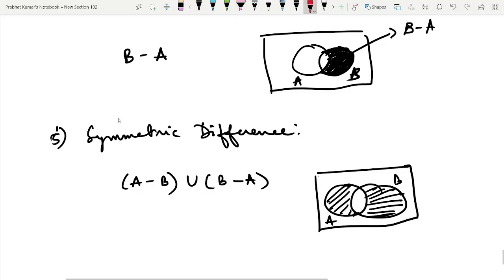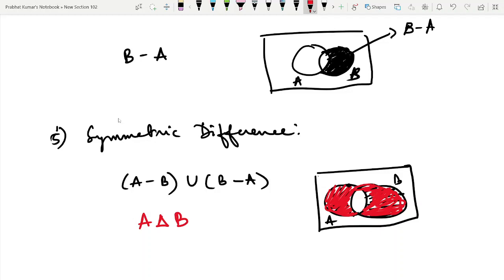So you get something like this. This whole red thing will represent the symmetric difference of A minus B and B minus A. This is also represented using the delta sign, so A delta B, right?